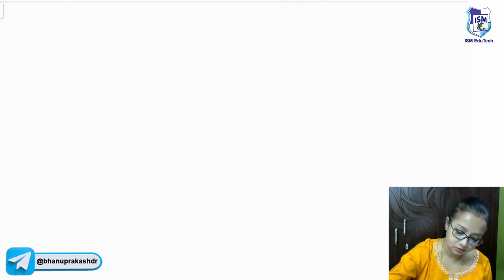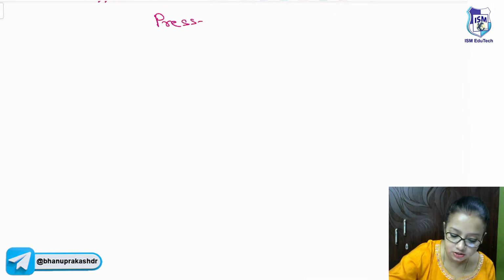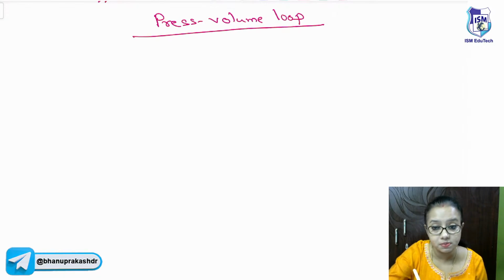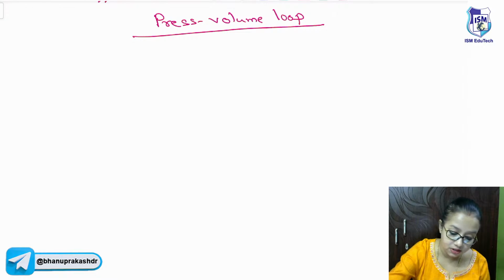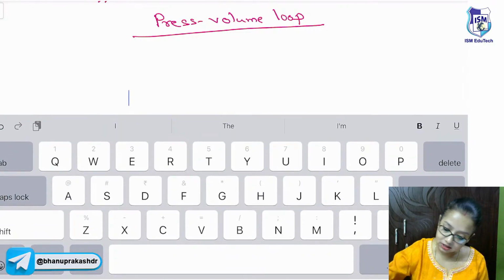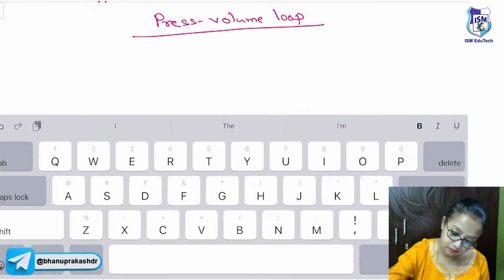So first the pressure volume loop. Here, when we say the pressure volume loop, we mean in context to the left ventricle.